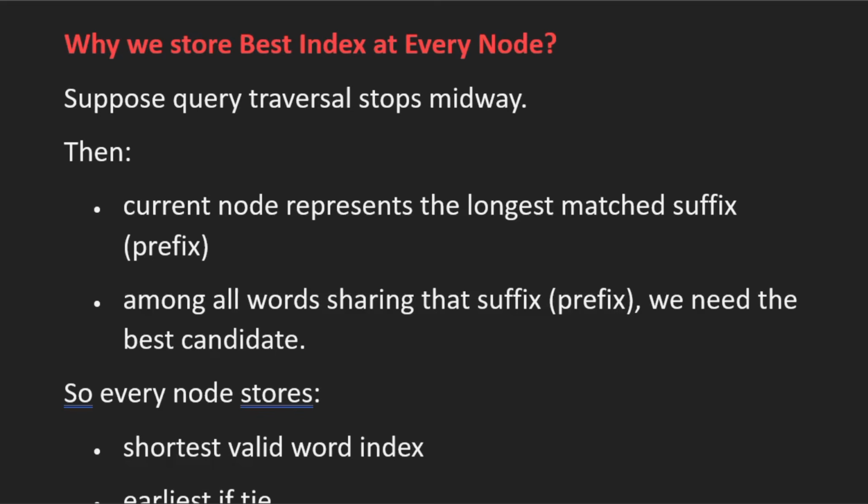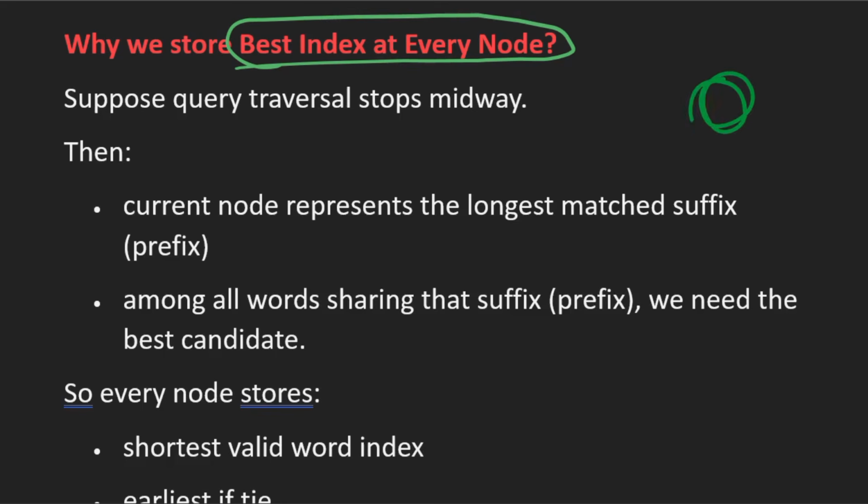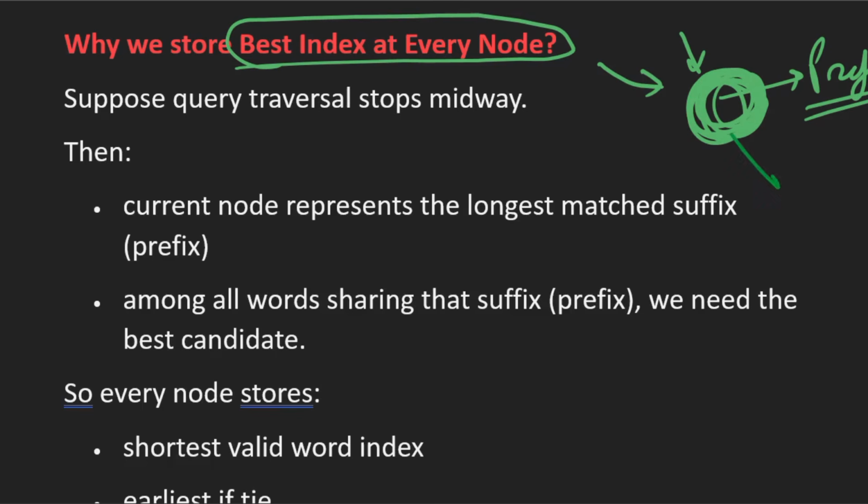Now you may think, why are we storing the best index at every node? What is the need of it? When we traverse during a query, it may be possible that we stop at some node in the middle of a string, right? This current node will represent the longest prefix or longest suffix that we have matched. Now, among all the words that share this prefix or suffix, we need to find the best candidate.